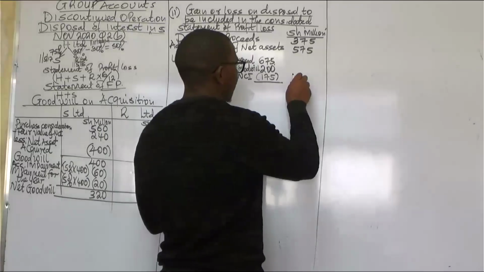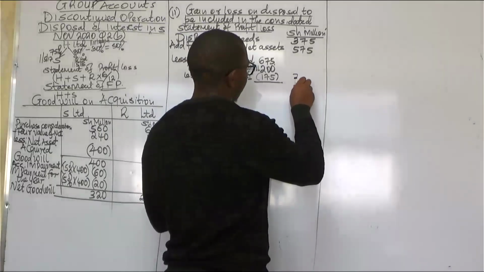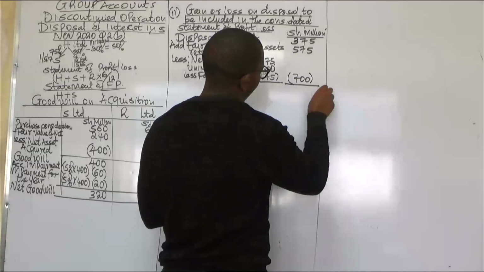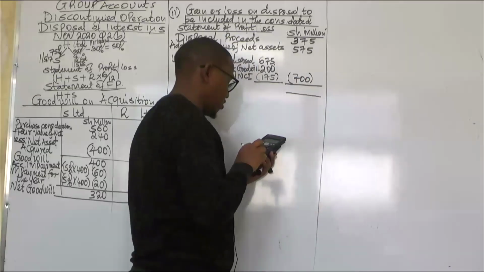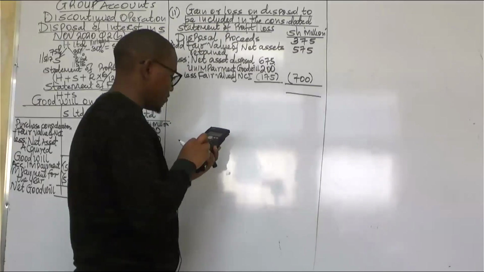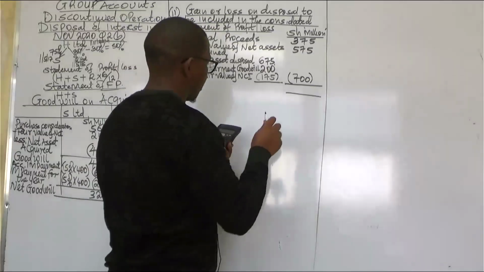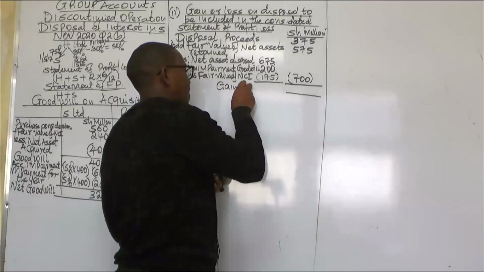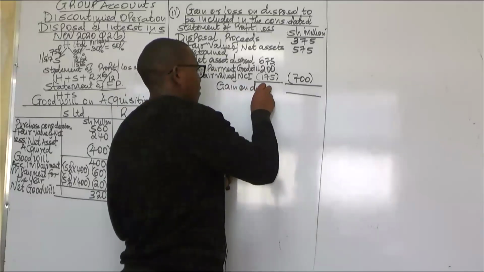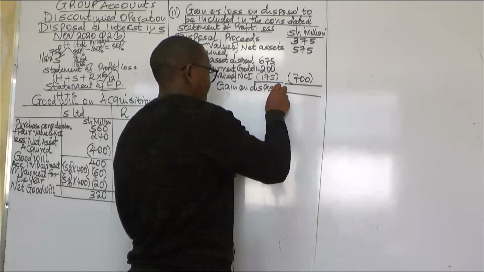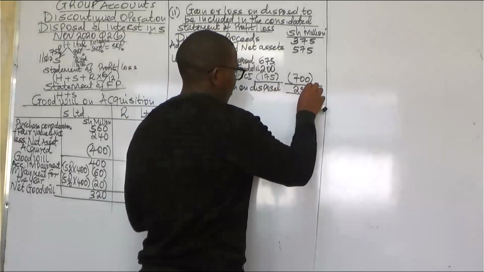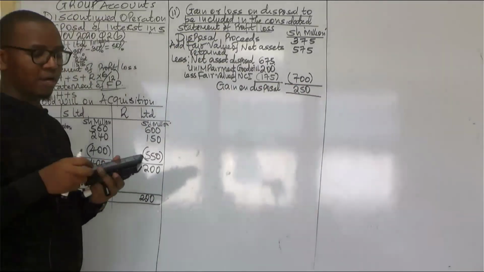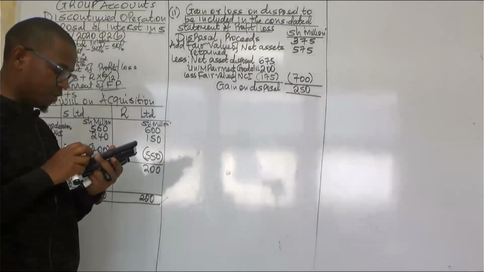This will be 700. So less there. Is it a gain or loss on disposal? 575. Yeah, it is a gain on disposal, of how much? 250.